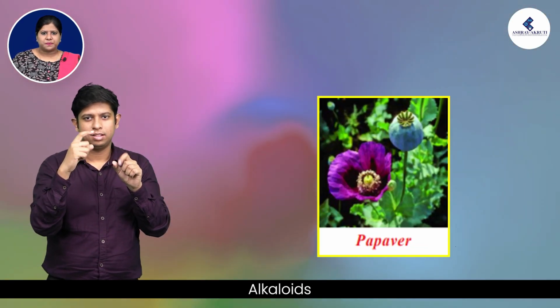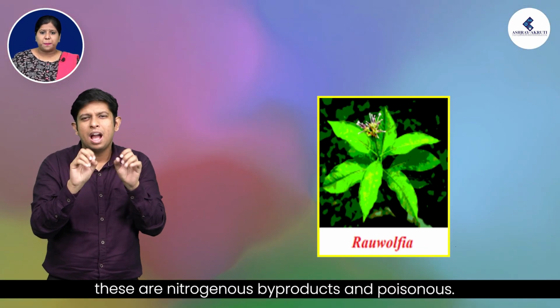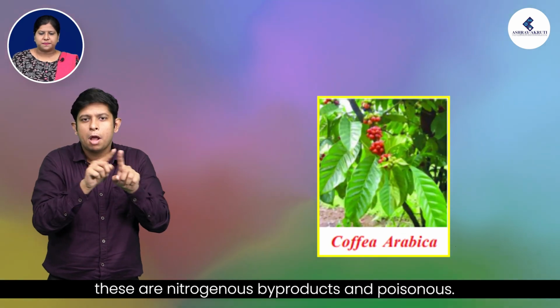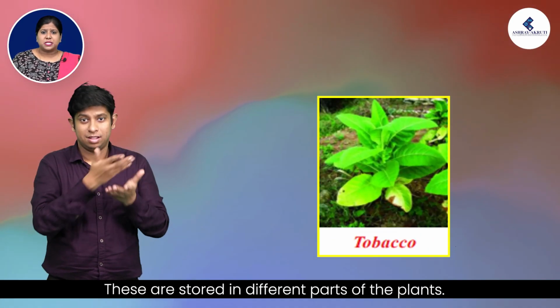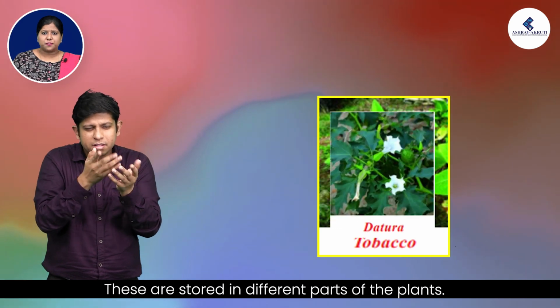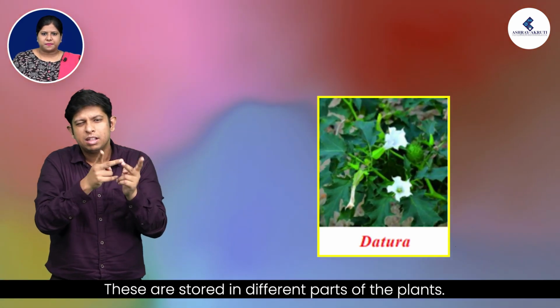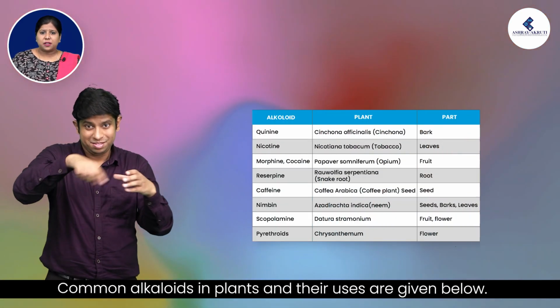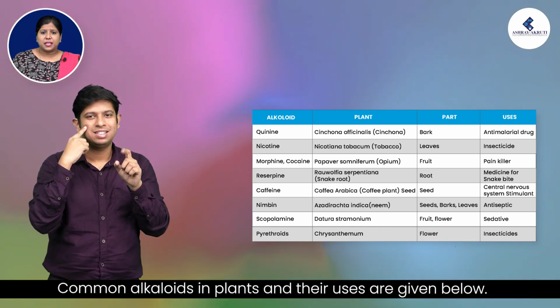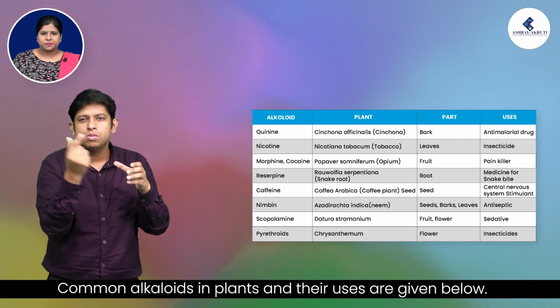Alkaloids, these are nitrogenous byproducts and poisonous. These are stored in different parts of the plants. Common alkaloids in plants and their uses are given below.